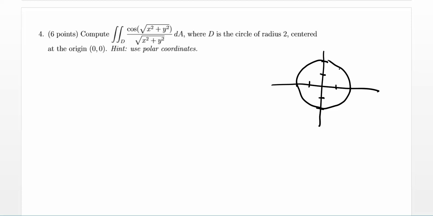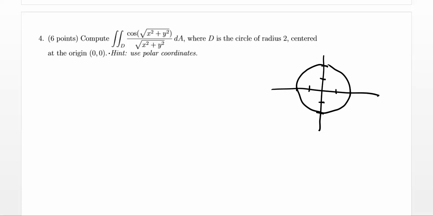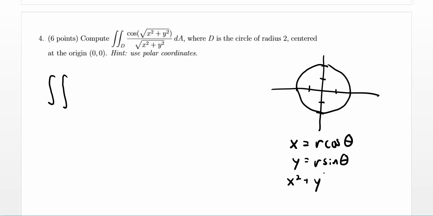This is our domain of integration. And remember that when you switch to polar, the identities we use are x equals r cosine theta, y equals r sine theta, and x squared plus y squared equals r squared.